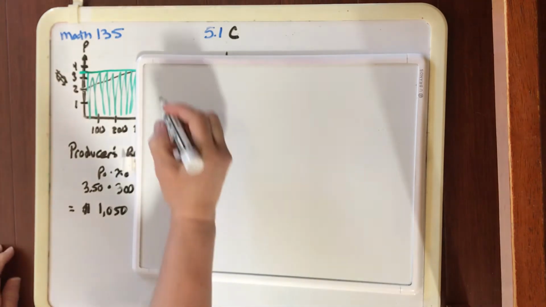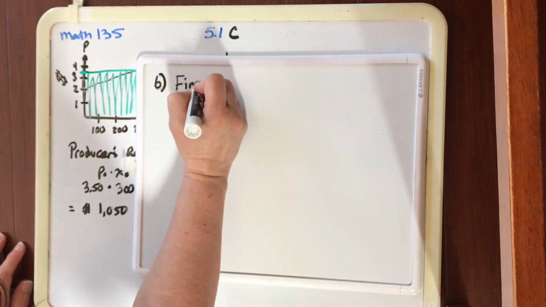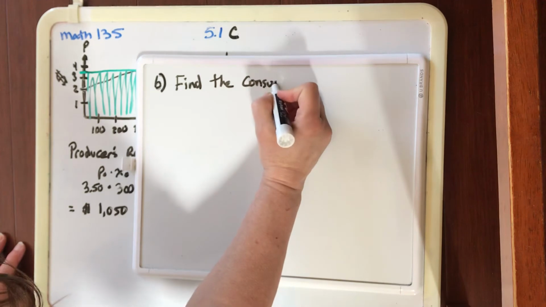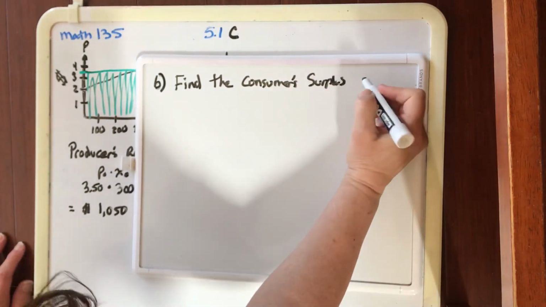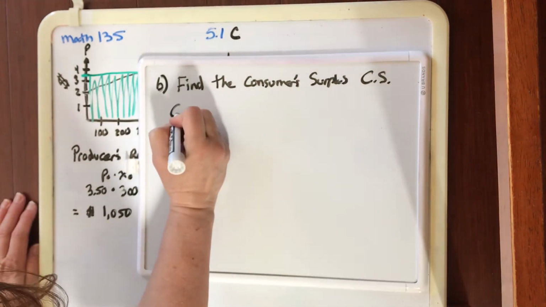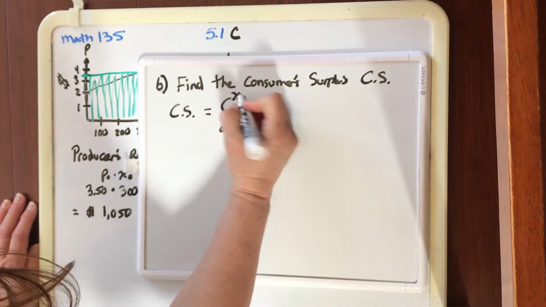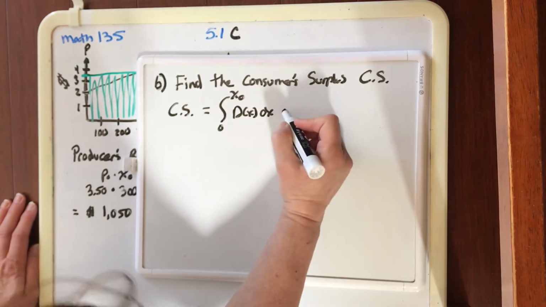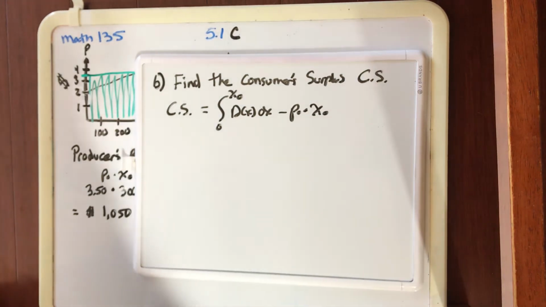So the next part of the question is, find the consumer's surplus. I'm going to call this CS, okay? We know the consumer surplus is the integral from 0 to x naught of d of x dx minus p naught x naught. Okay?